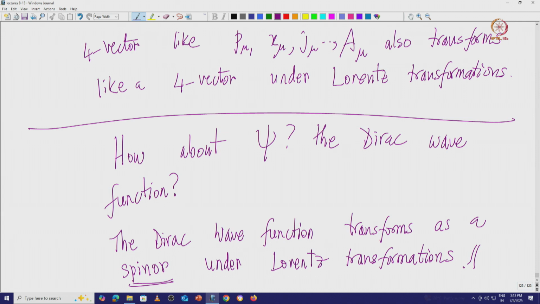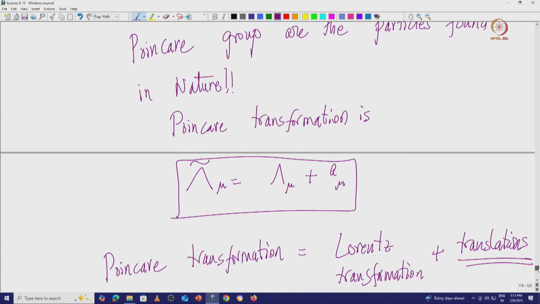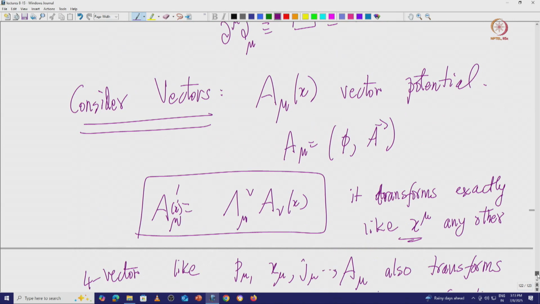Now there is no spinor index that we have seen so far in our definition of Lorentz transformations. We have not seen psi_i or something like that. So how does it transform?